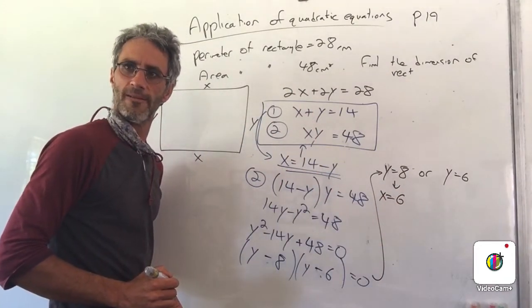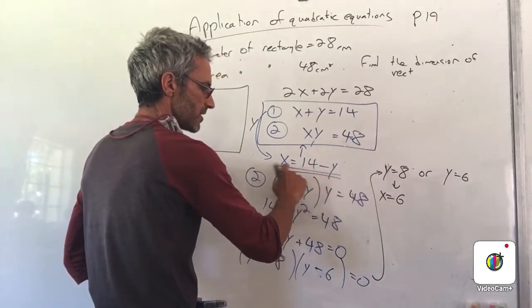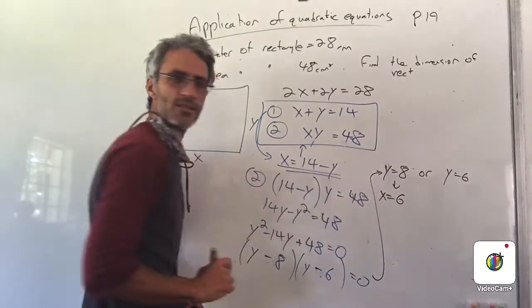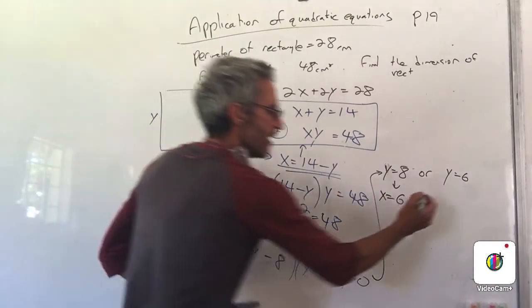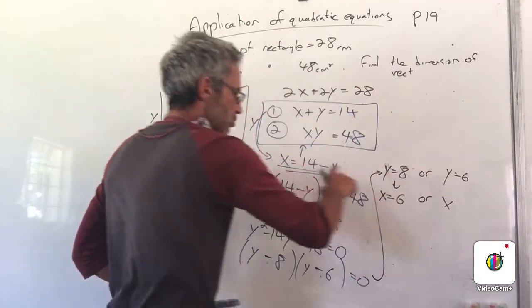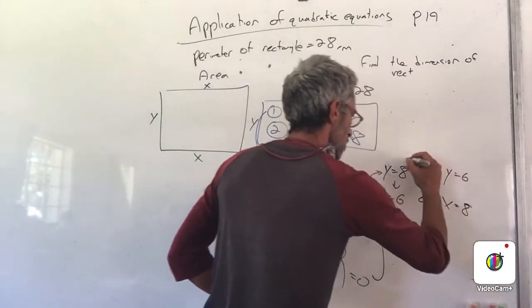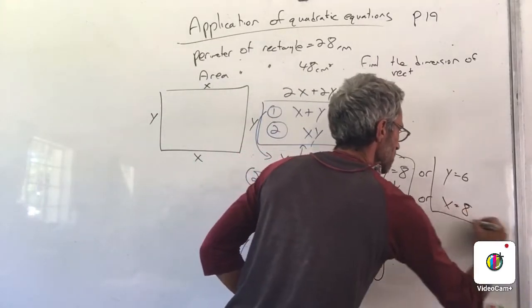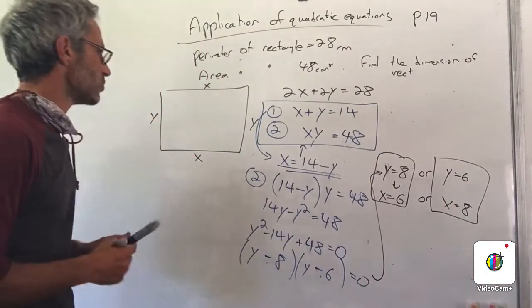Okay? I substitute 8 instead of y, so x equals 14 minus 8, which is 6. Now if y equals 6, 14 minus 6 is 8. So I've got two solutions, which now hopefully you'll see why we have.